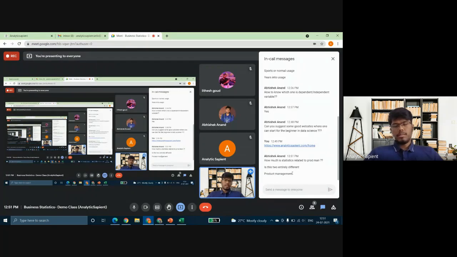Product management means basically how you are building a product, what kind of features are there, and what could be better in those features. What is the usability? You have design thinking in that. You also have resource management, strategic resource planning, and many other things. So that is not related to data science actually. It's an entirely different role and skill set.